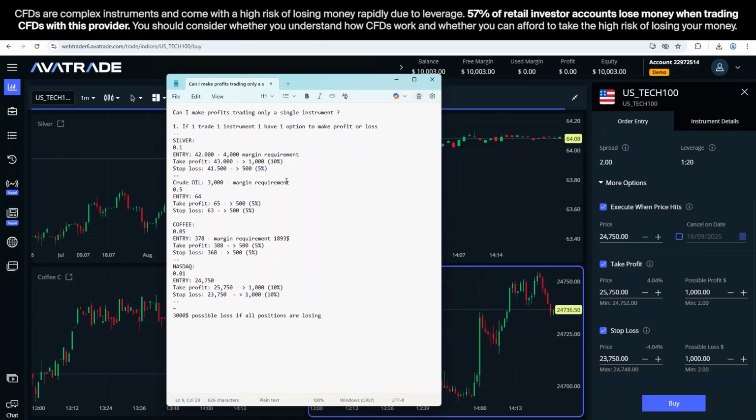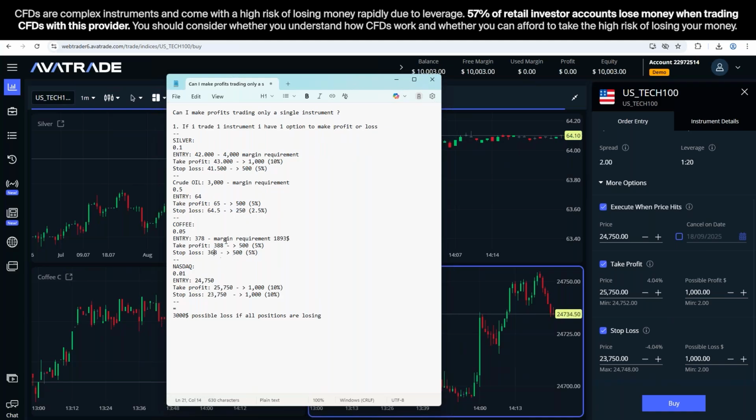So now we're looking at making 1,000 or potentially losing 5%. Similarly, we can make it 64.5 and cut this by half too. So we're looking at 2.5% versus 5.